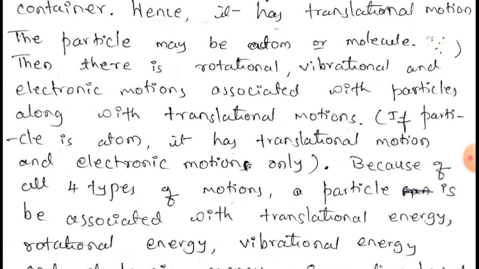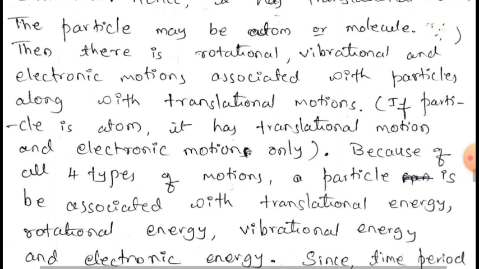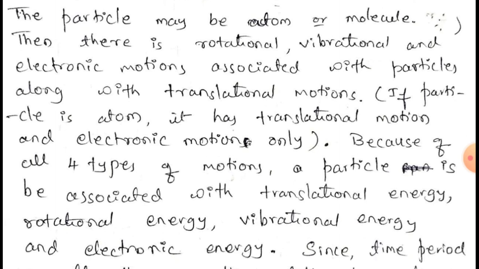You can see it from any angle, it appears to be the same. That is because of isotropic space. And if the particle is a molecule, then the atoms in the molecule may be vibrating. Therefore, there is a vibrational motion associated with the particle.